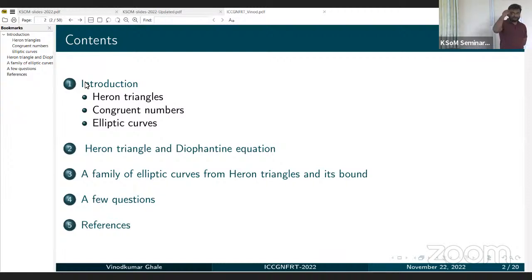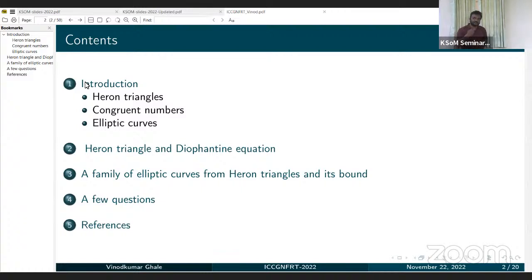Okay, so the outline of my talk: I'll introduce what Heron triangles are, and recall some results about congruent numbers and some progress about it and its connection with elliptic curves, what Professor Saikia just mentioned. Then I'll talk about the relation between Heron triangles and Diophantine equations.